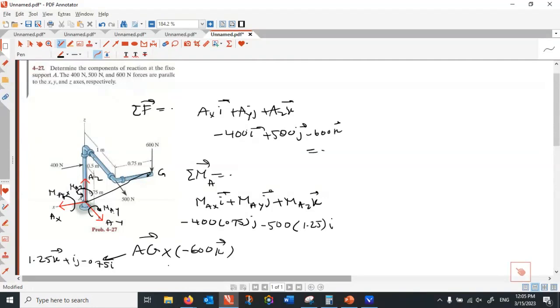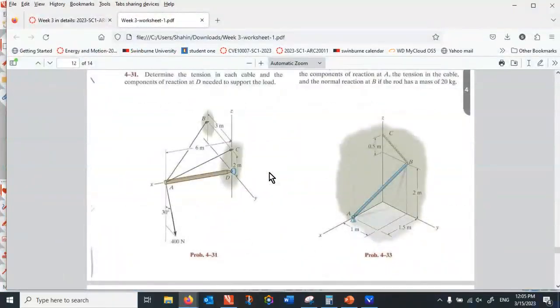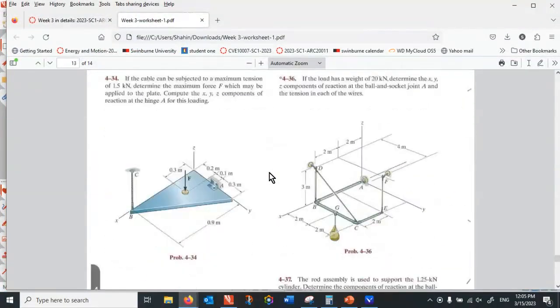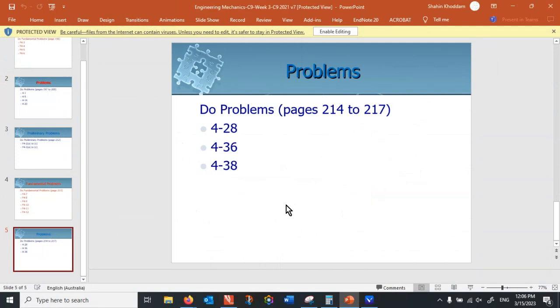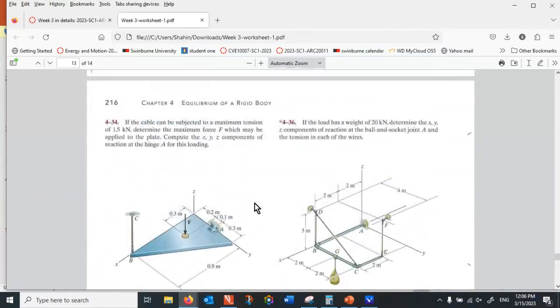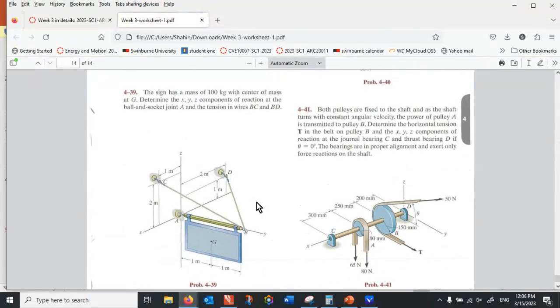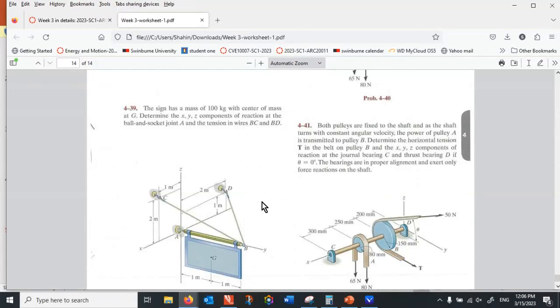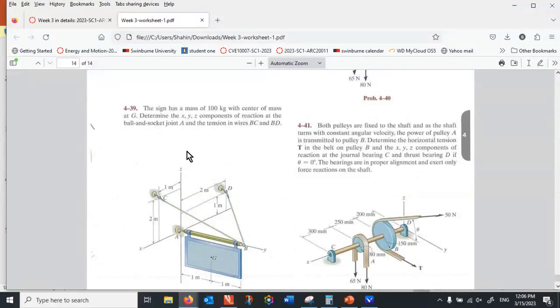So the last exercise we do for today, that is from, what page was it? 217. Okay, I'm doing problem 4-39.